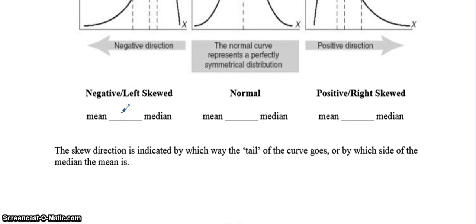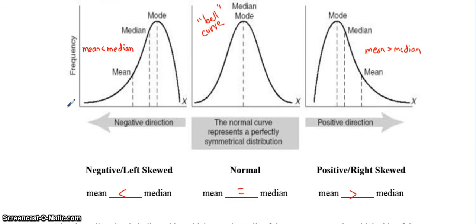So negative or left skewed, mean is less than the median. For normal, the mean is equal to the median, and for the positive or right skewed, the mean is greater than the median. The skew direction is indicated by which way the tail of the curve goes, or by which side of the median the mean is on. So here, the tail is on the left, so it's left skewed.